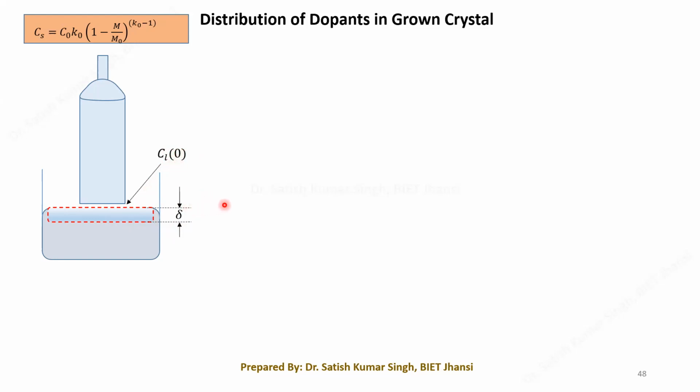I will take x equals 0 here, and x will be increasing in the downward direction. I will take the top of the layer as x equals 0, so I am calling it Cl0.